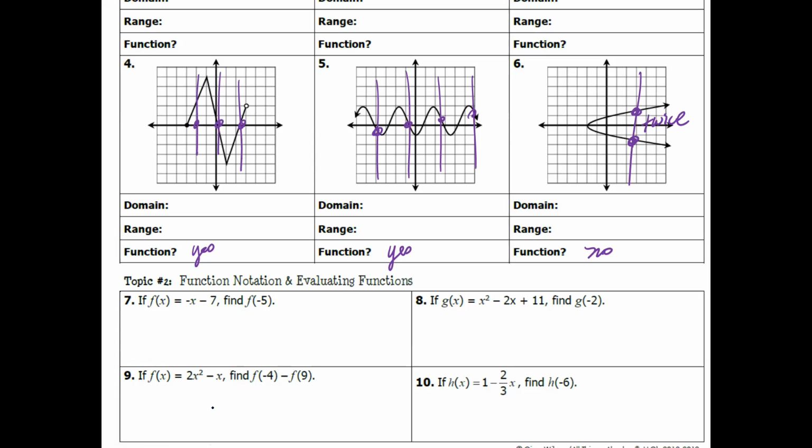And as far as for the domain, if you take a look at the domain over here, the domain is an x value, so it's between -3 to 1, 2, 3.